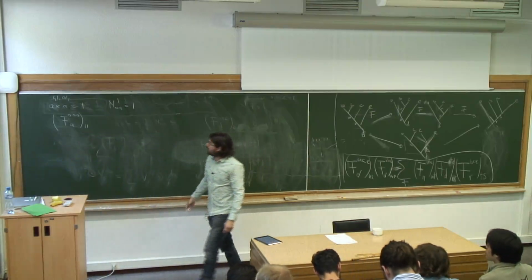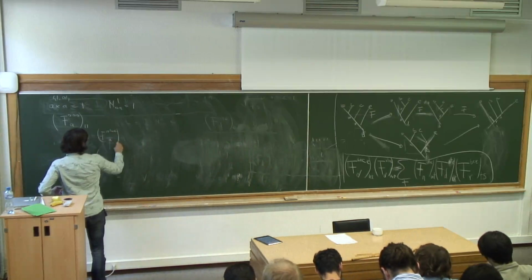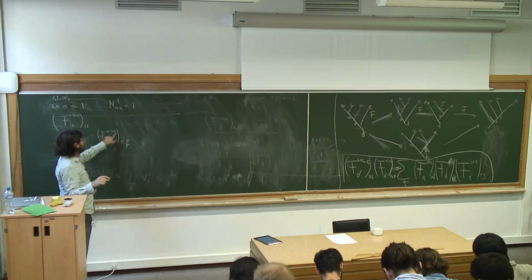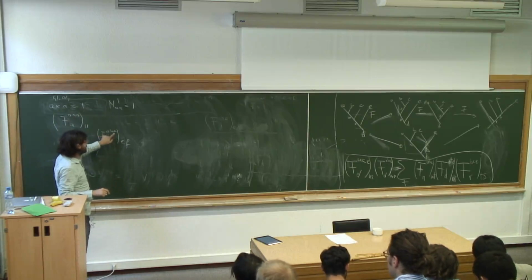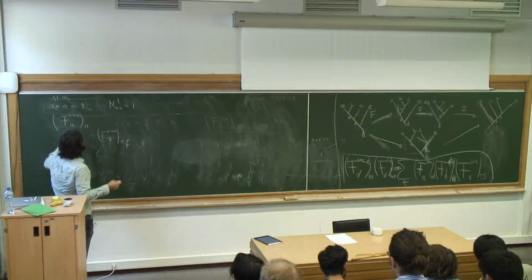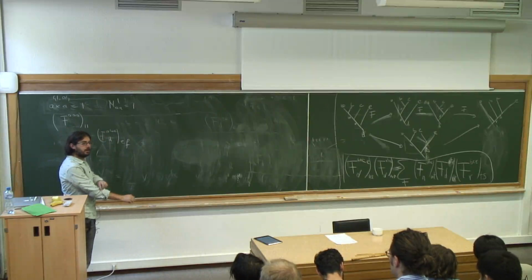Why? Well, first of all, you have F, A, B, C, D, E, F. Every time one of these guys is the identity, this F symbol is 1, as we showed. So the only thing that's going to be non-trivial is AAA. Right?